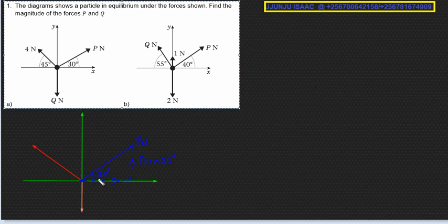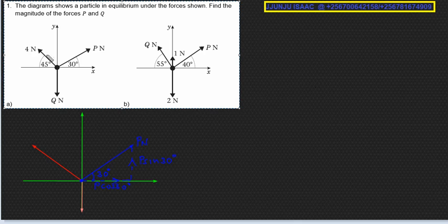Whereas the adjacent side of this force, if this is our angle, this side is adjacent, the other one is opposite. So this side is going to be P cos 30 degrees.